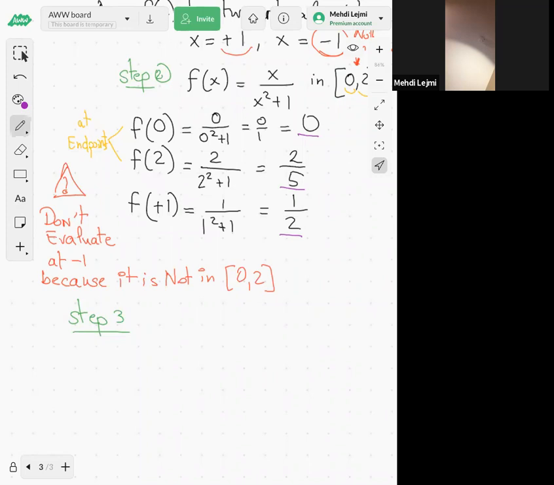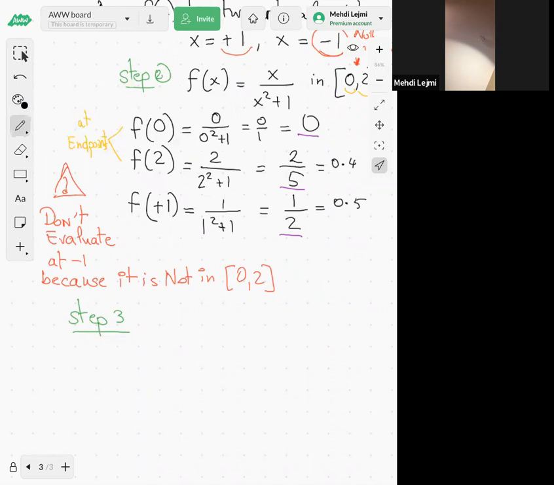So 2 over 5 is like 0.4, and half, of course, is 0.5. So what will be the largest value? Of course, that will be the half.